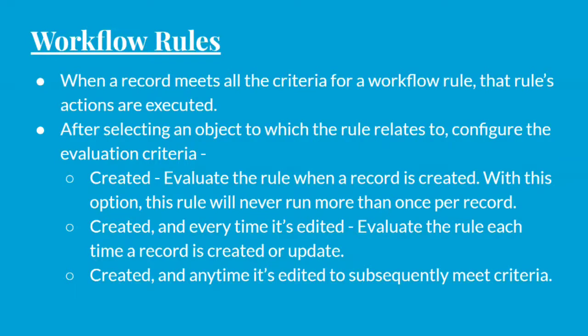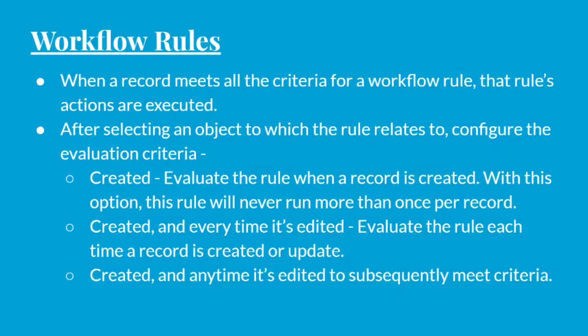In the example I'm giving you, the object is opportunity. Once you select the opportunity, you have to configure the evaluation criteria, that is, when this particular workflow rule should be evaluated.